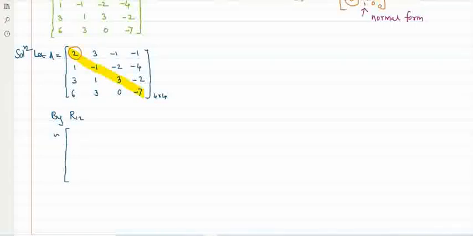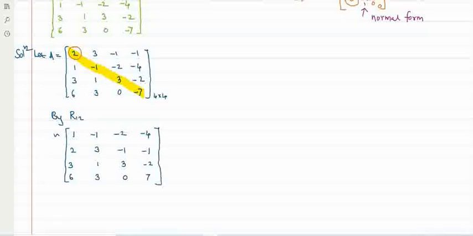In this case, the second becomes the first row: 1, -1, -2, -4, 2, 3, -1, -1. Remaining two rows, no change: 3, 1, 3, -2, 6, 3, 0, 7. Okay. If it is easily possible, try to obtain this element as a 1. Now, again, this is a diagonal entry.